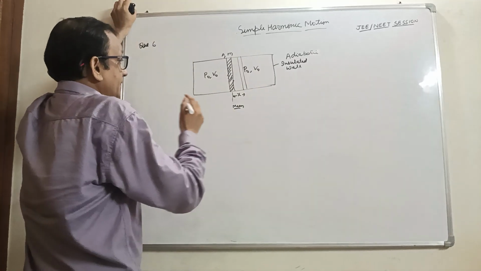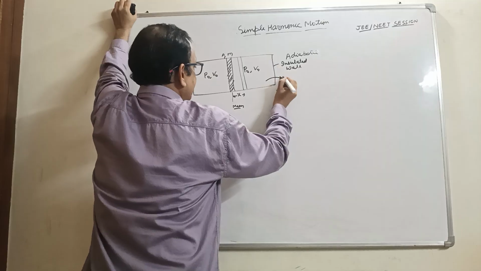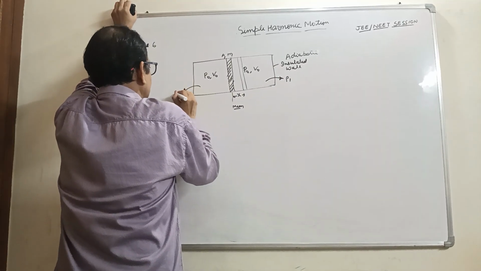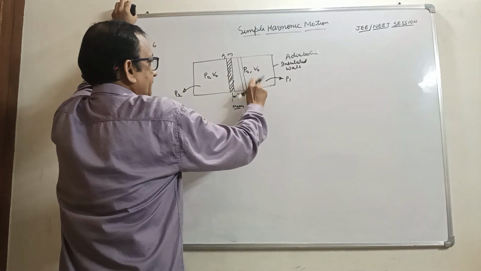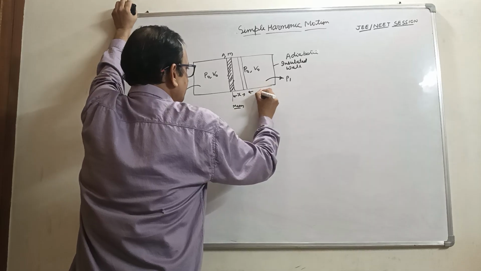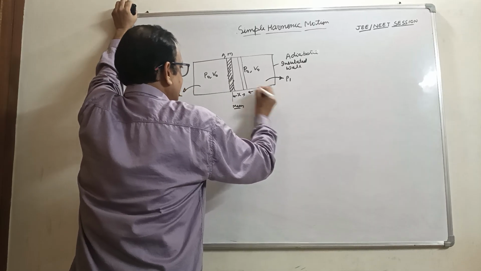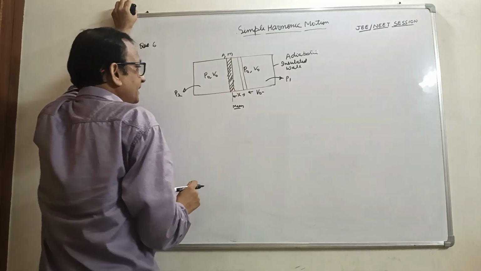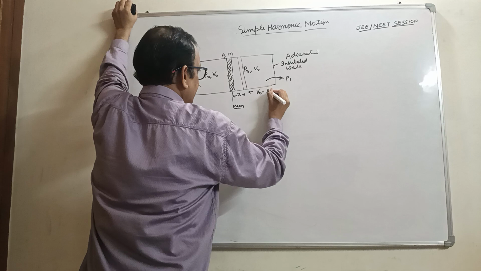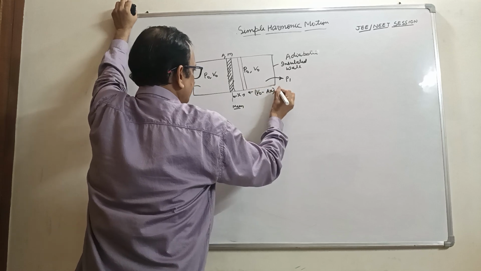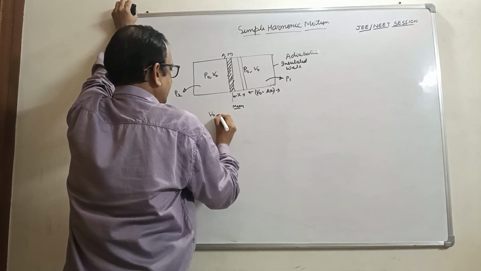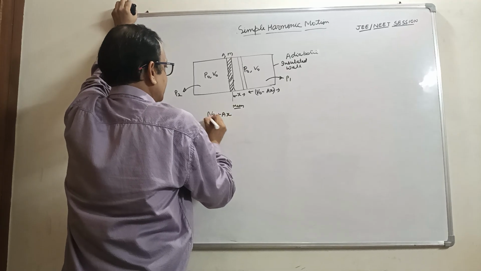So what happened? Here the pressure becomes P1, and here the pressure becomes P2, the final pressure of the system. What is the volume here? Here the volume would be V naught minus the volume reduced. What is this volume? Area into x. This volume from here to here, and from here to here, the volume would be V naught plus Ax.